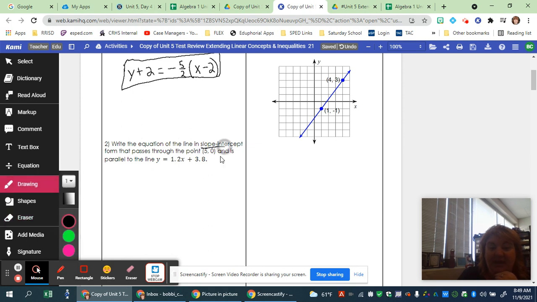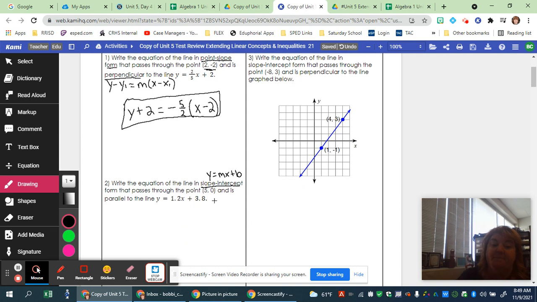Okay, slope intercept form. That's y equals mx plus b. I'm going to do the same thing that I did before. It says that it's parallel. Now, since it's parallel, I'm going to use the exact same slope.